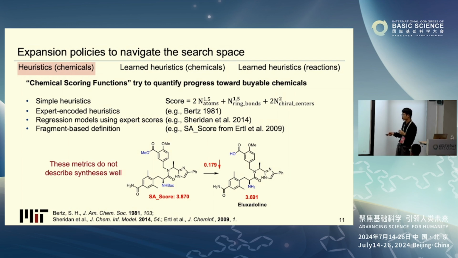You're essentially removing some structure from this molecule. So if you use a fragment-based scoring for your molecule, this molecule will be considered more complex than this molecule. In this case, you actually have a decrease in the molecular complexity score, whereas you are actually making progress in terms of synthesis. So there's this contradiction here.